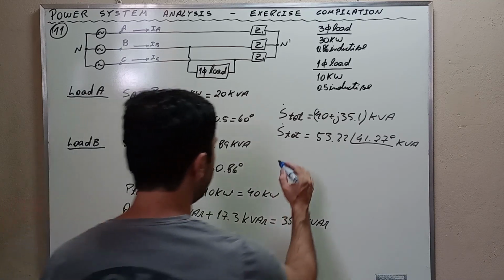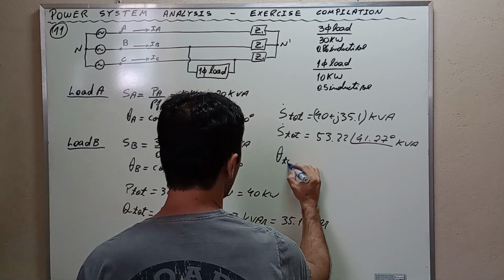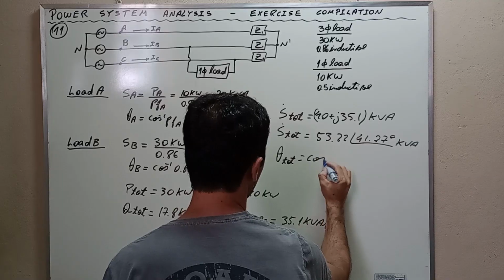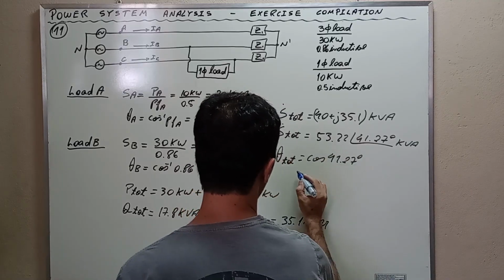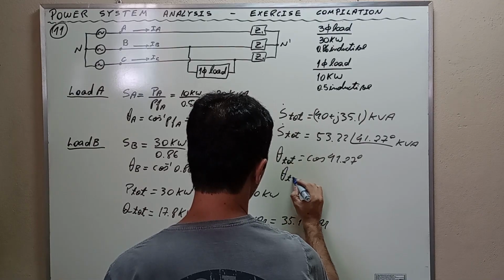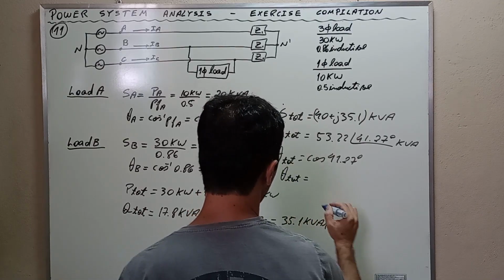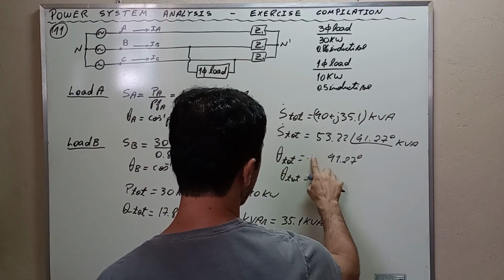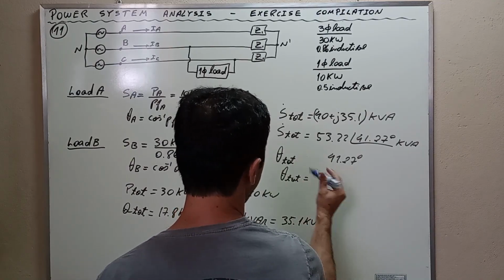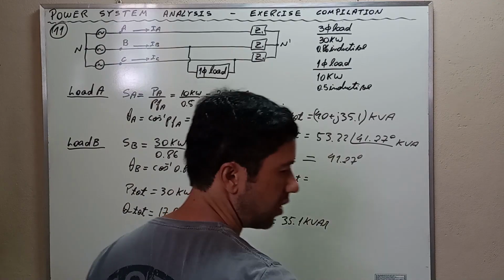The cosine of theta total is equal to the cosine of 41.27 degrees. And theta total is, no, this is the angle. This is the angle, okay? Theta total is this, the angle.